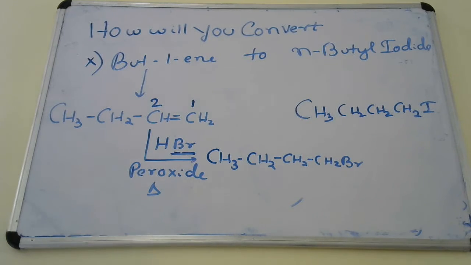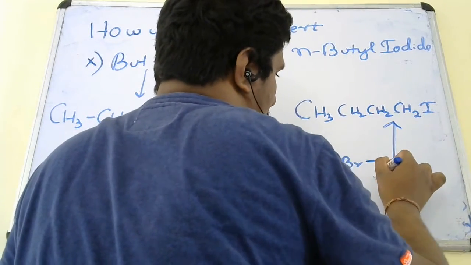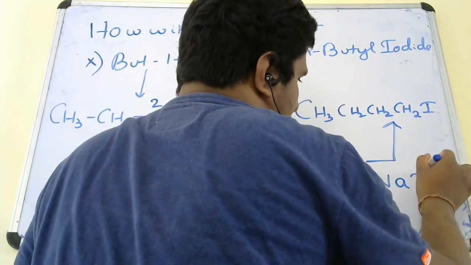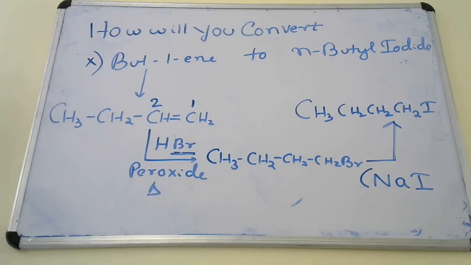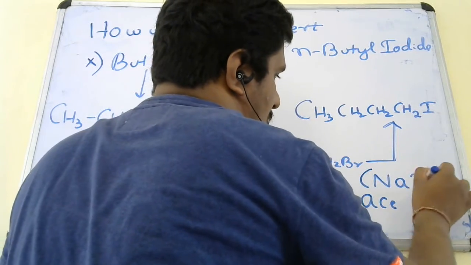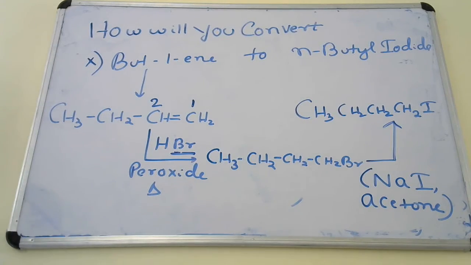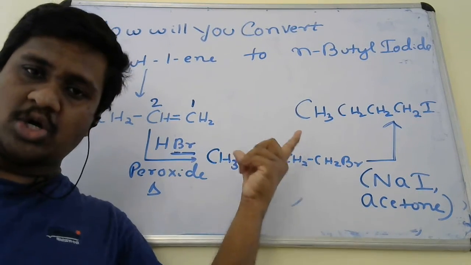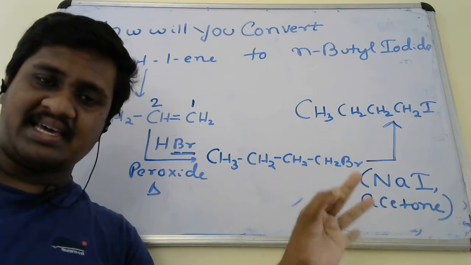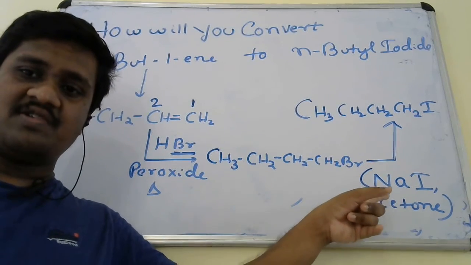Now you know a very famous reaction, the Finkelstein reaction. What we do? We provide sodium iodide along with acetone. Any bromoalkane or chloroalkane in presence of sodium iodide and acetone, what will happen?